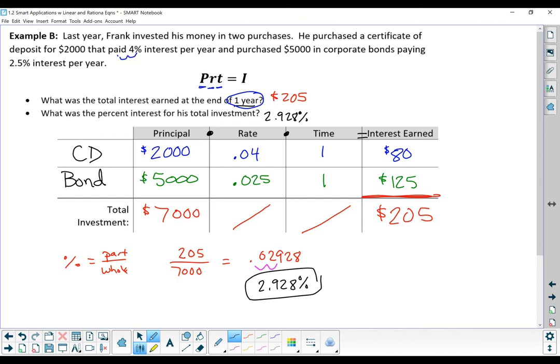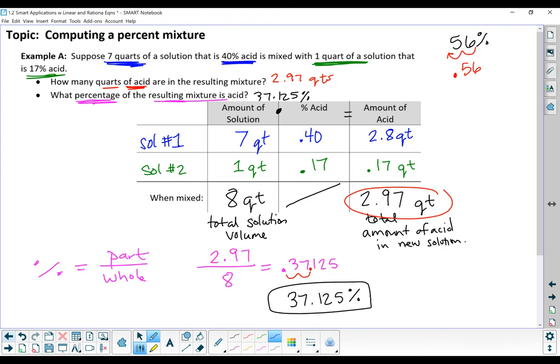Now, just something to point out to you, when you're calculating these final percentages, you would expect the final interest rate to be somewhere between these two. If one of your accounts is earning 4% and one of your accounts is earning 2.5%, you would expect your overall interest rate to be somewhere in between there. And that's the same idea with these acid mixtures.